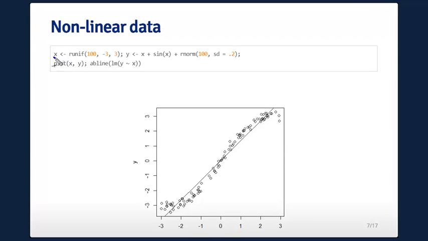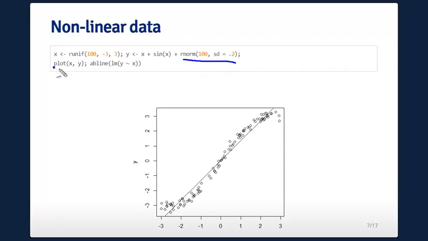So here I generated my x's as just a bunch of random uniform numbers between -3 and +3, and y is this line. It's the y equal x line, but then it also has this other part with sine x. Okay, so it's not just y equal x, and then I add some normal error.